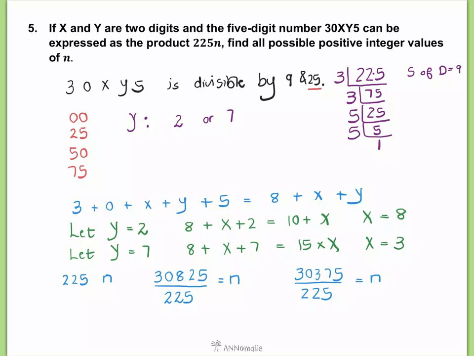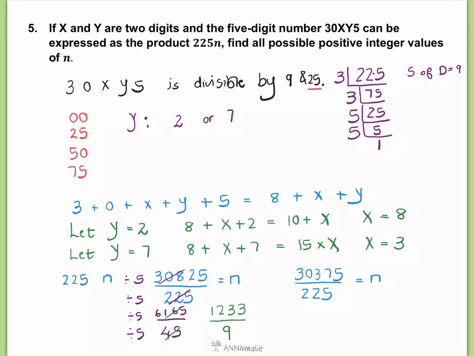So let's start off top and bottom, divide by 5, divide by 5, and that will give us a value at the top of 6165 over 45, and we can divide top and bottom by 5 once again to simplify this fraction to 1233 over 9.